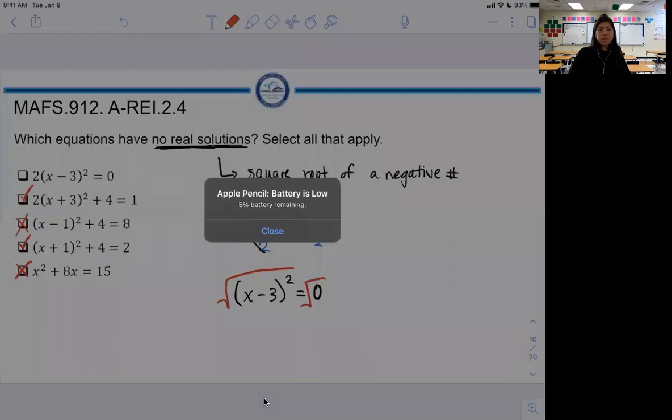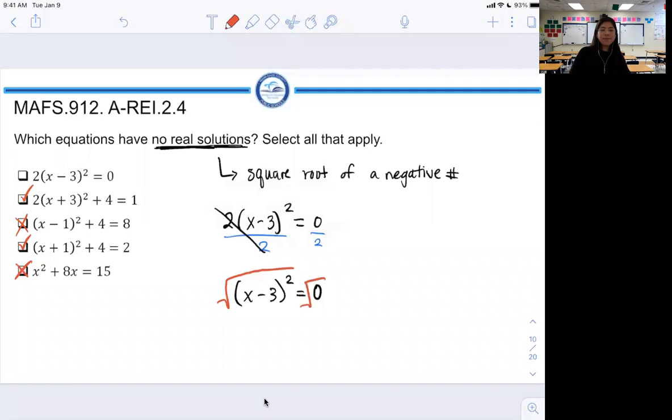No. You sure? Try it out in your calculator. What is the square root of 0?